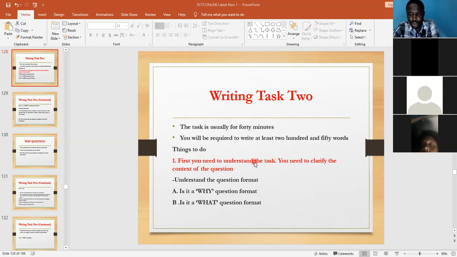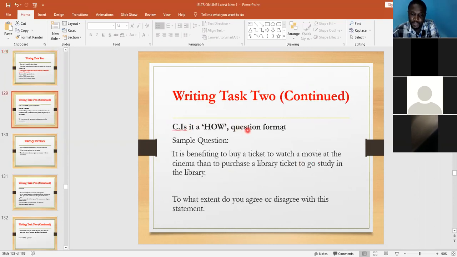And I said generally that day that there were 3 question types, which were A, the why question, and B, the what question, and C, the how question format. Okay, and I gave samples and asked us to identify the different question types.